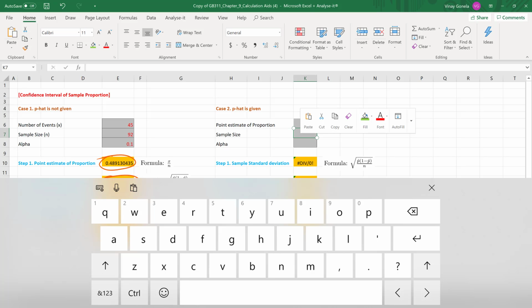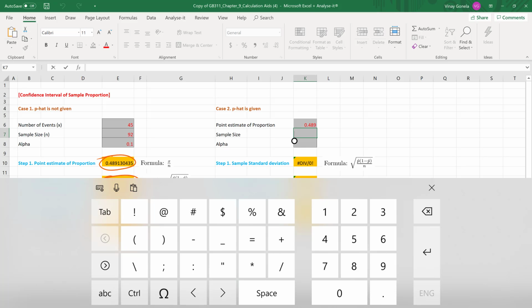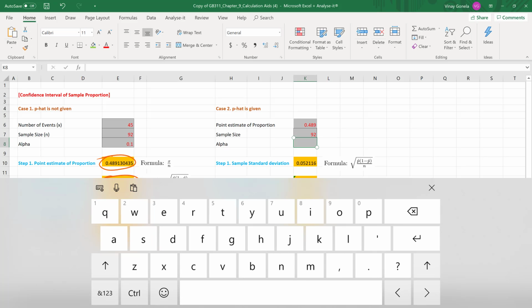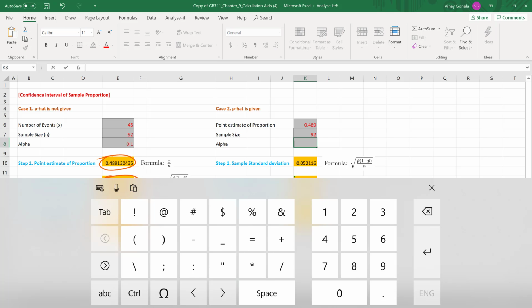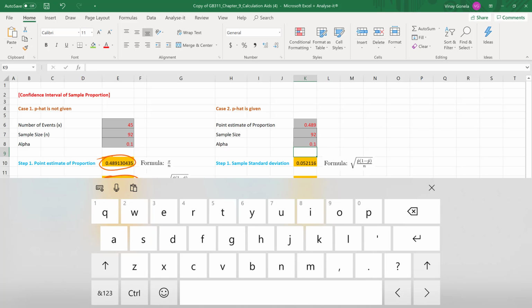So I will type in 92, and alpha is again like the previous case, 0.1. Okay. Alpha is 0.1. Hit enter.